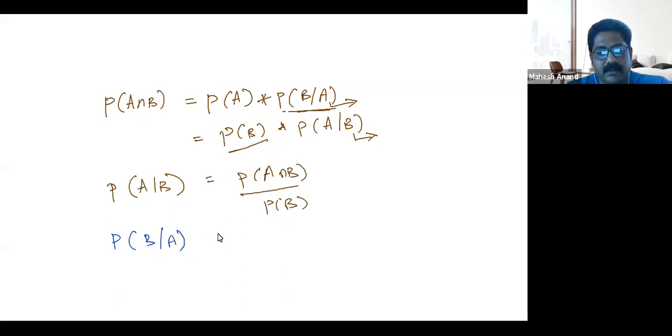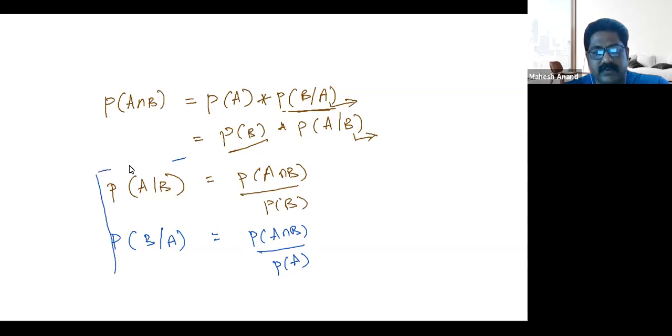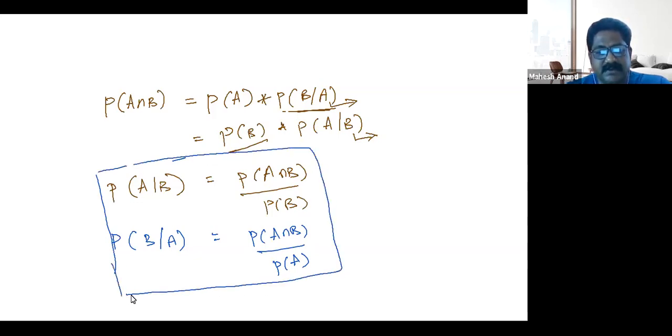B bar A equivalent to A intersection B divided by P of A. Okay, these are two ways of representing a conditional probability.